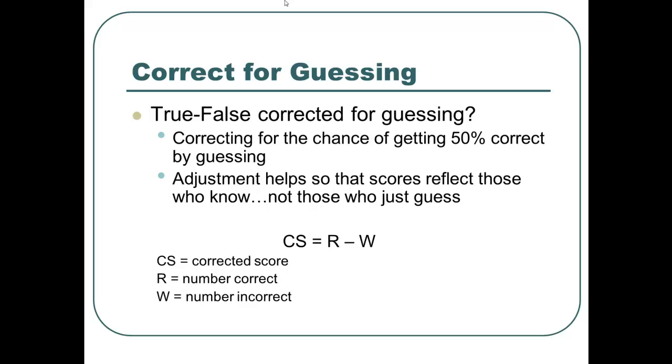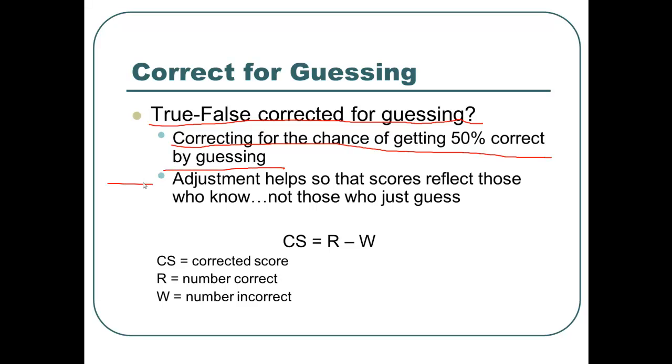Now, your book talks about some mathematical stuff that we can do to correct our true-false questions and allow for guessing. And let's face it, you've got a 50-50 shot of getting it right.